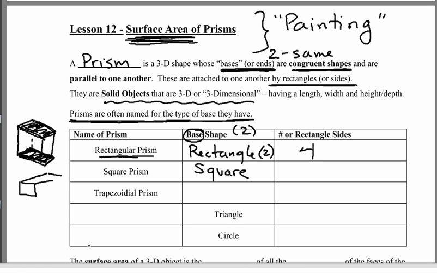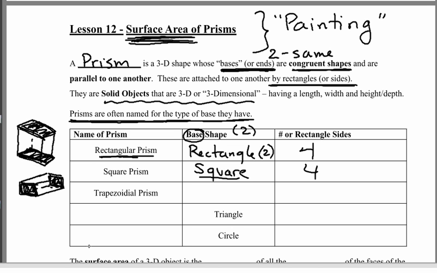So in this case, here's where I have my square base, and across from it, exactly the same size, I have the other square base. And then I would have four rectangles going around to connect them. So that's what we're looking at with prisms.